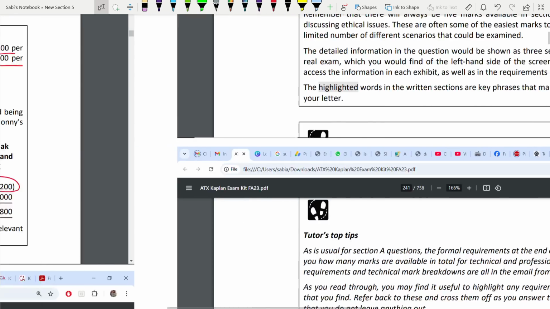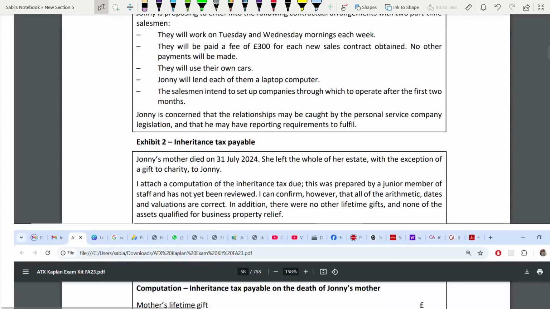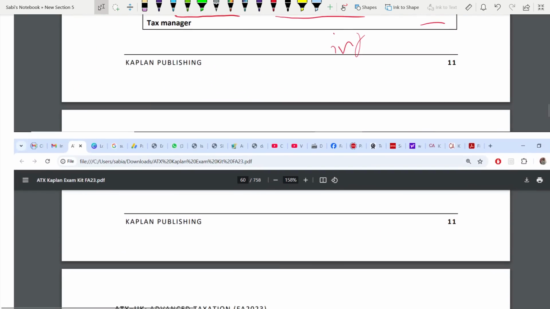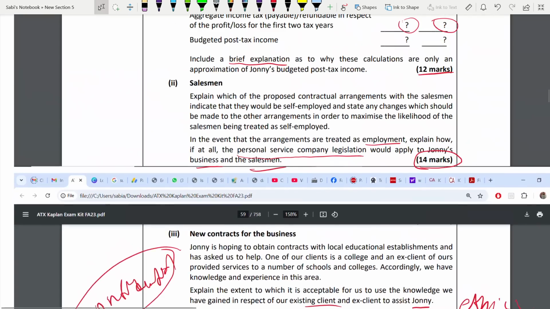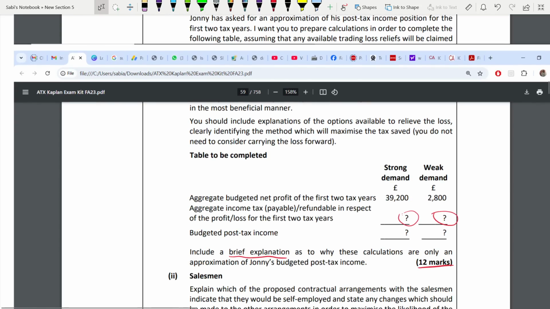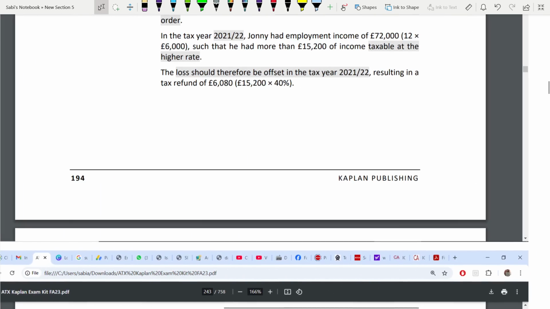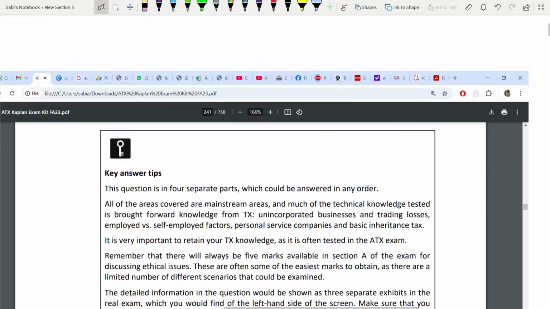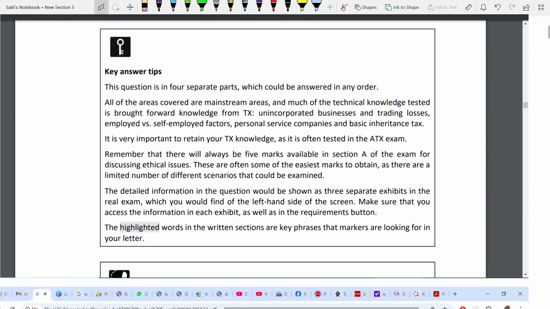What is the requirement of A? The first part of A, worth 12 marks, we can finish. So you have to adjust your 15,000. What is the starting point? Before you start, we'll read some guidance on how to answer this.